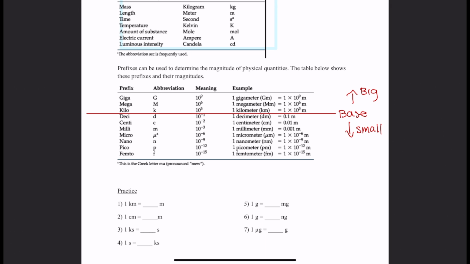So what I mean is, my base number is going to get bigger so that it's equal to the prefix, the units, and anything smaller, or anything below, as you can see, the base number just keeps getting smaller, right? That's what I mean. So I always like to draw a line and go from there.